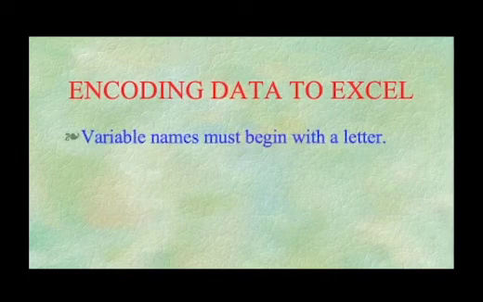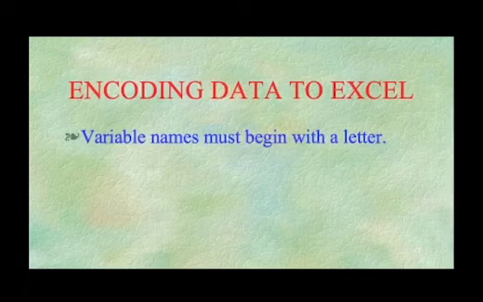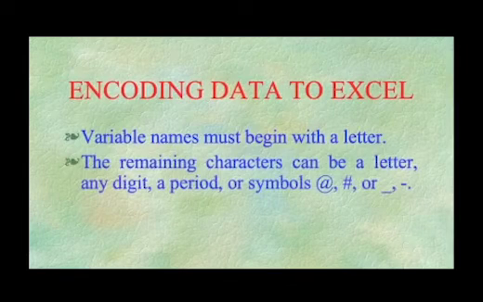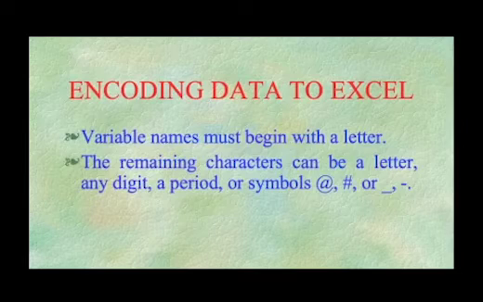And some generalizations or rules in writing the variables. Variable names must begin with a letter. Must begin, meaning it should not begin with a number. And the remaining characters can be a letter, a digit, a period, or symbols like this.